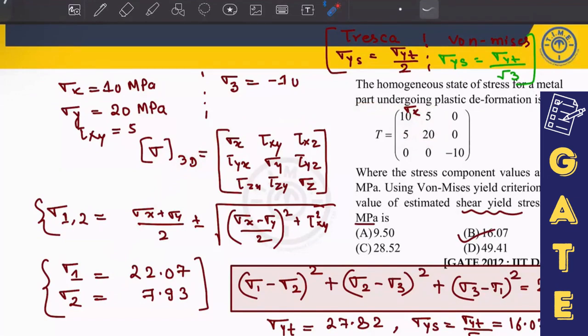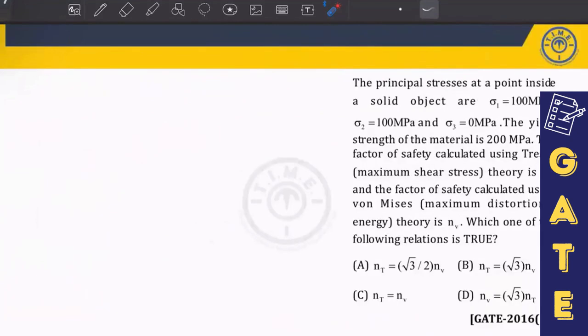Okay, fine. So now I am taking one more problem, which is a little bit advanced, a very good problem, which was asked in GATE 2016. Okay, so this is a mixed problem of Tresca as well as von Mises. Just have a look, read this question and try to calculate the unknown parameter.